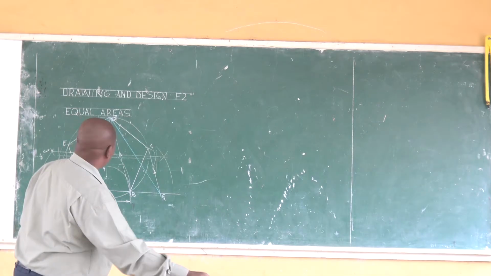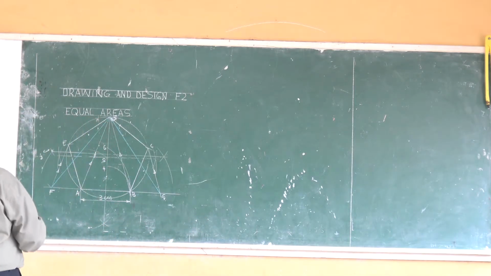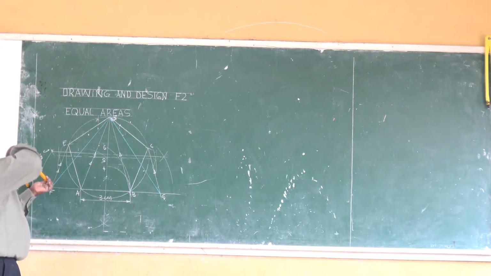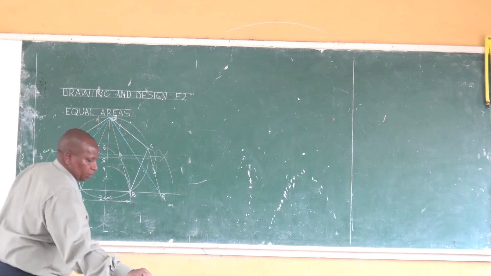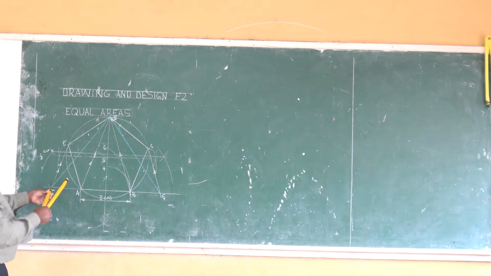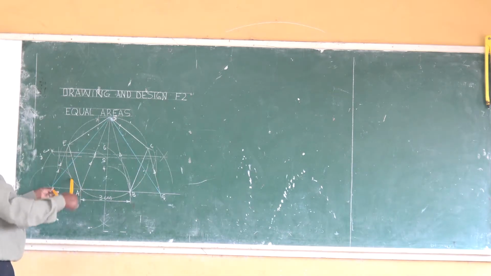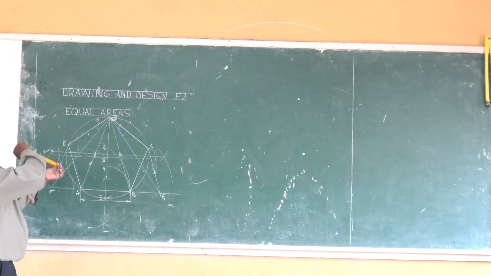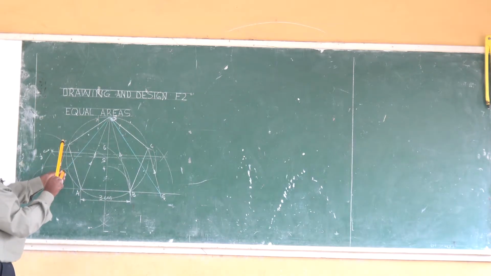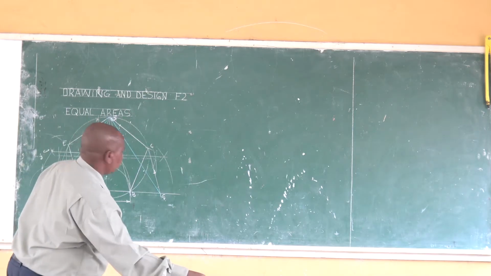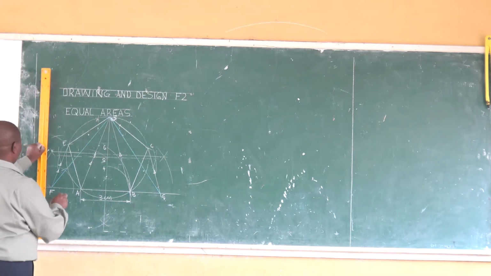Then erect a perpendicular from point F. Let's remove the margin for now. This can be done easily by creating an arc there and stepping off 3 times to draw a perpendicular from point F.